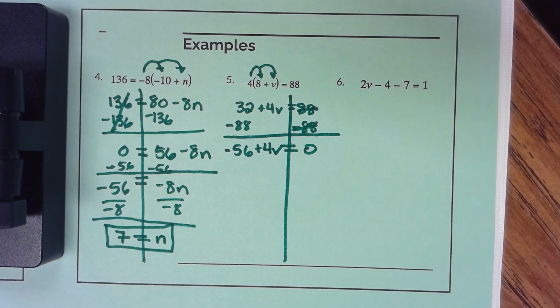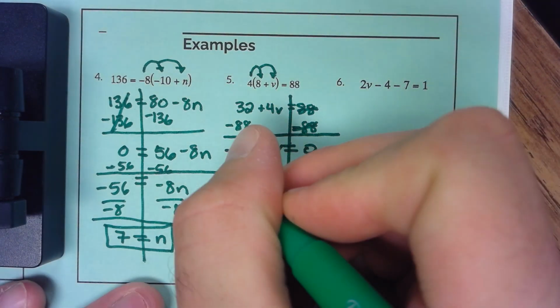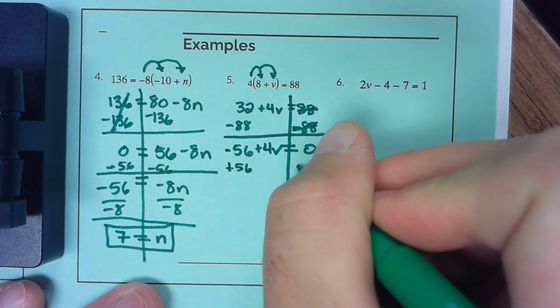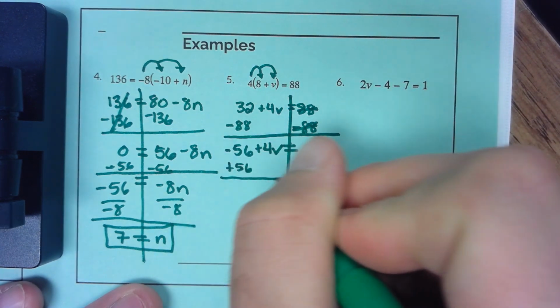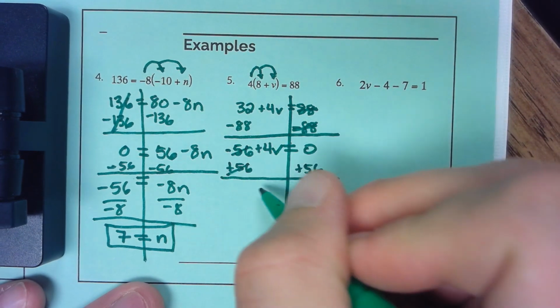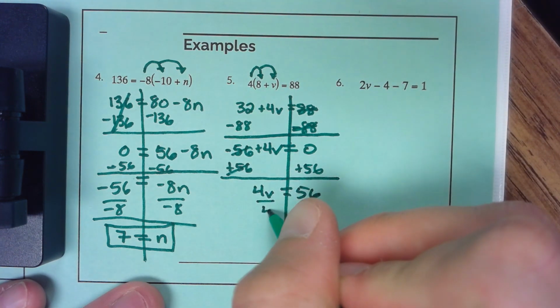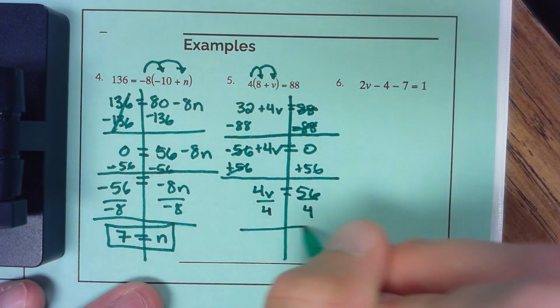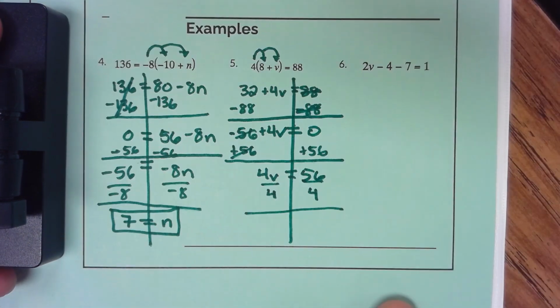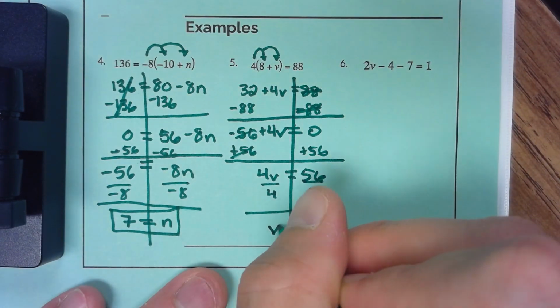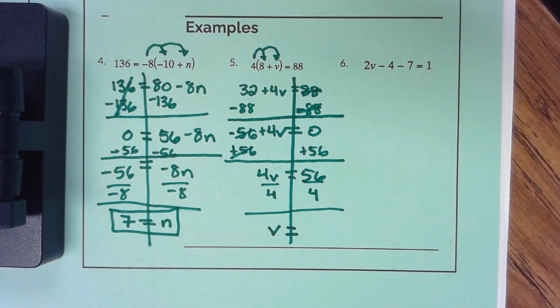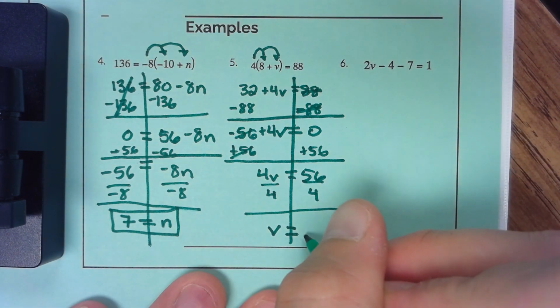And now that we have the right side to be 0, I can add that 56 right back. So 4v equals 56. Remember, 4v really means 4 times v, so we have to undo the multiplying by 4 by dividing by 4. And thus v is 14.